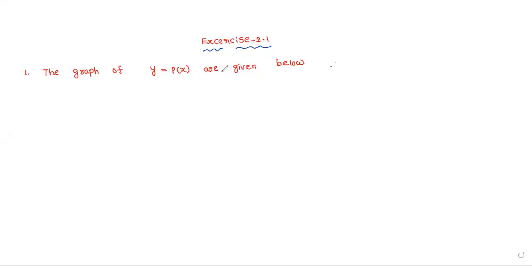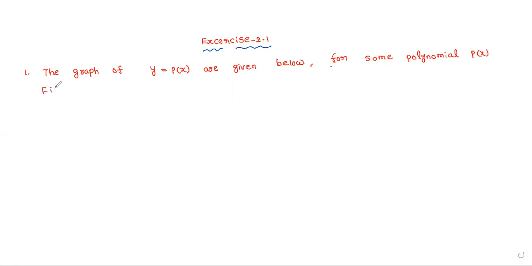The graphs of y equals p of x are given below for some polynomials p of x.